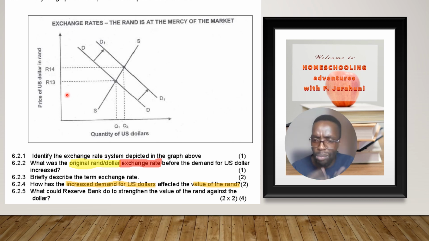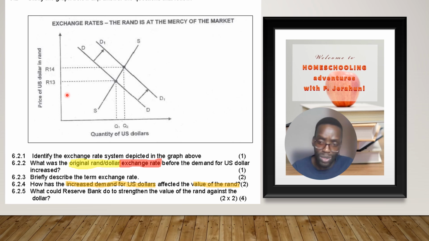I now need more rands to get 1 unit of the US dollar. It means my rands are now worth less against a US dollar. You understand? If something is now worth less, it means I now need more of that to get just that same unit. Okay, so you need to understand this very clearly.